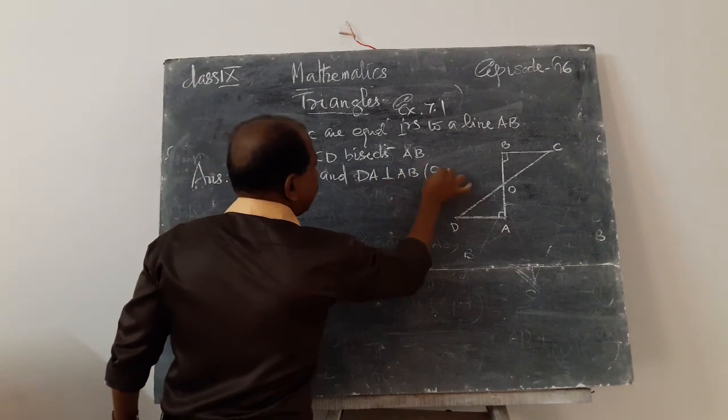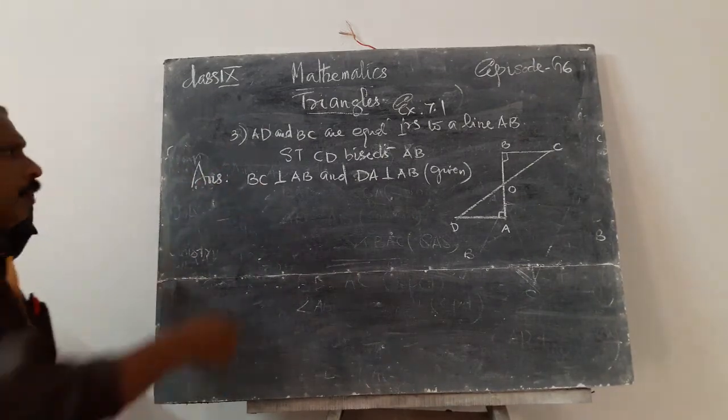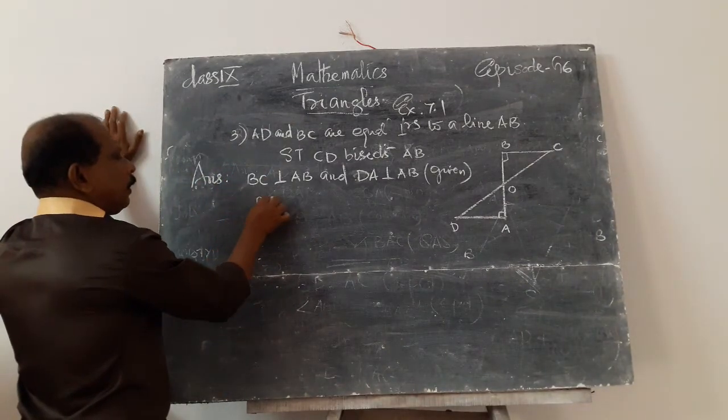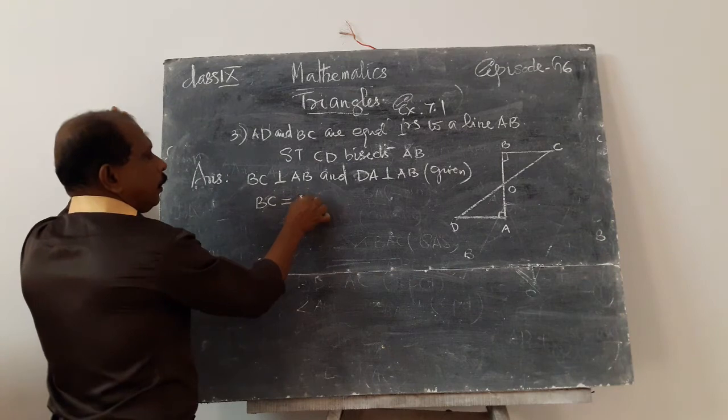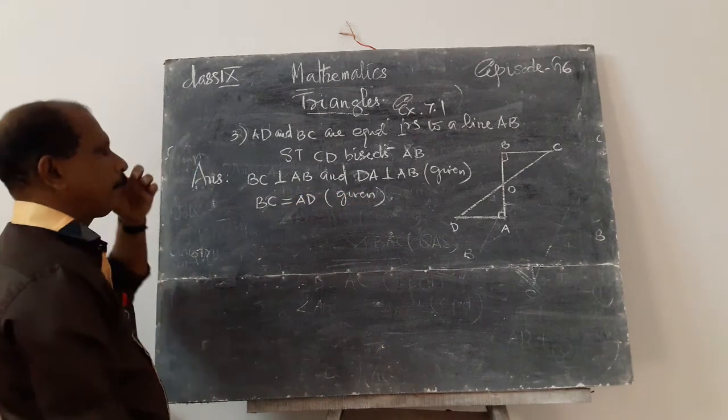These are given. And we know that they are equal. That is, BC is equal to AD. It is also given.